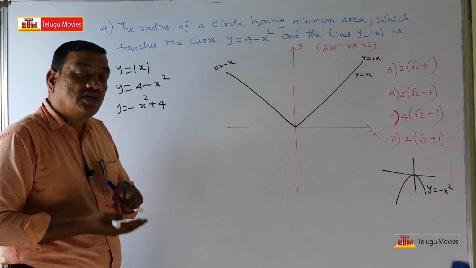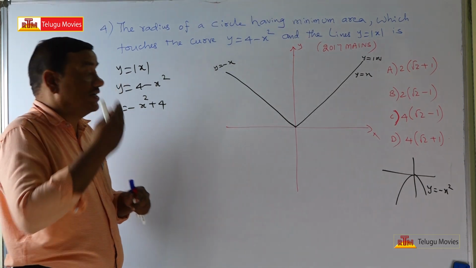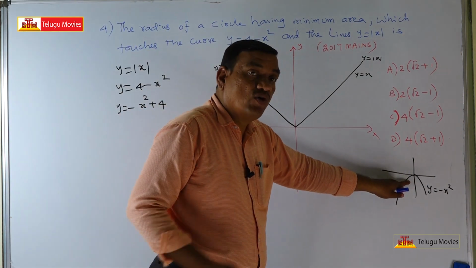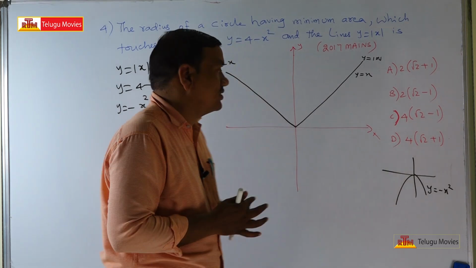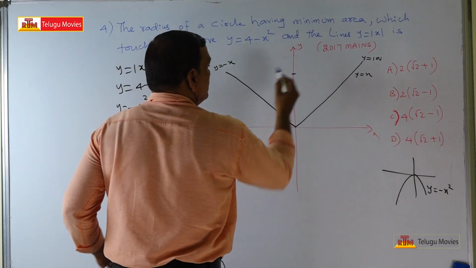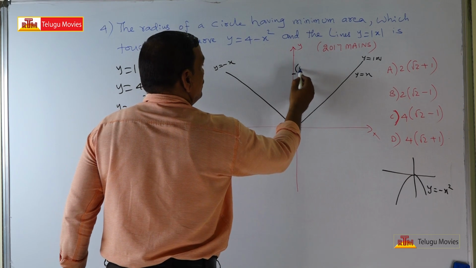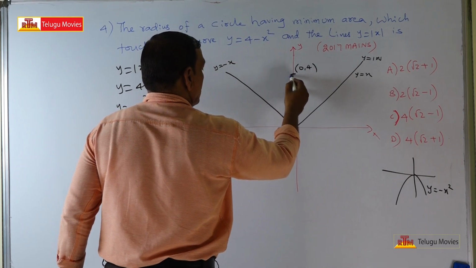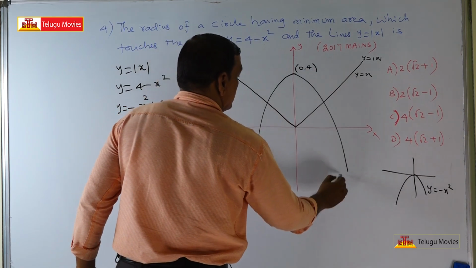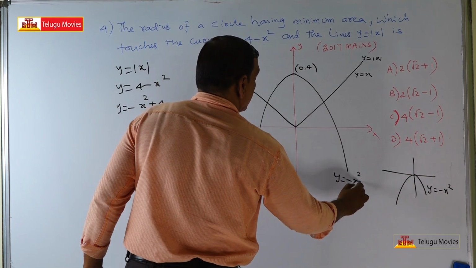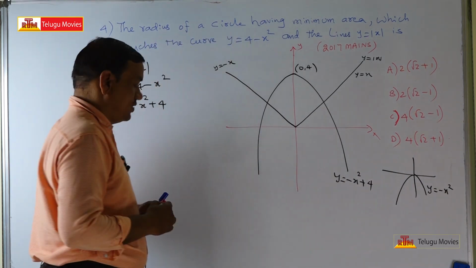Plus 4 means this parabola rises 4 units upwards. That means this point is (0, 4). So this is the y is equal to minus x square plus 4 curve.